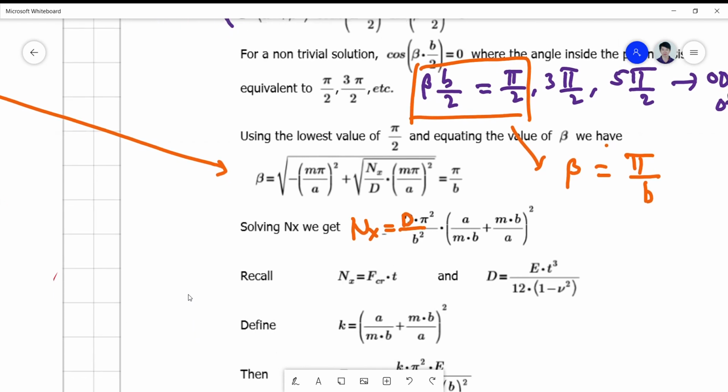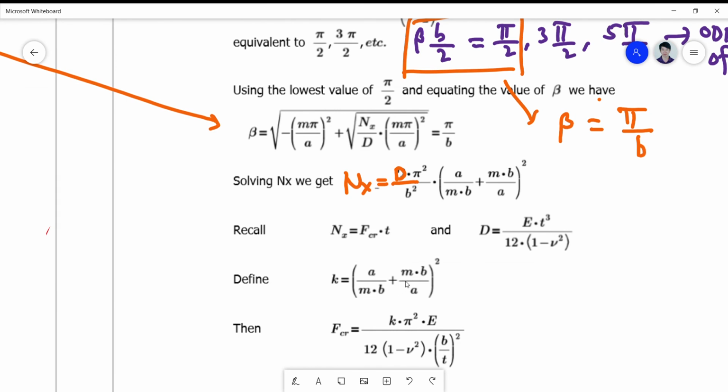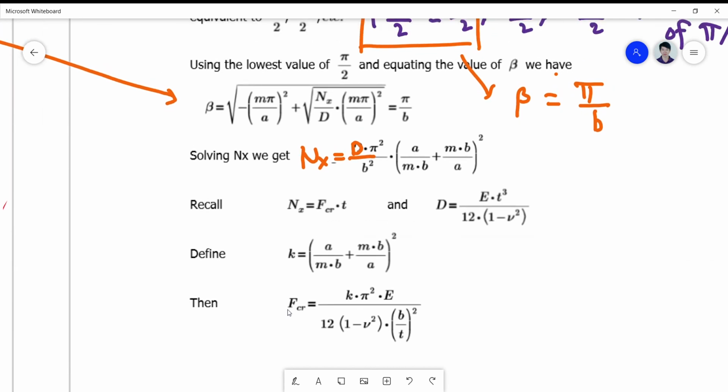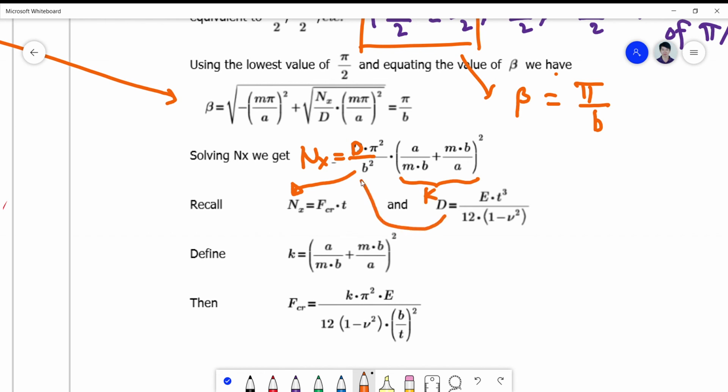And if we define this k to be a over mb plus mb over a quantity squared, then your FCR now will simply be equivalent to k pi squared E divided by this one here. So it's just a way of substituting your nx here, putting this as your k value and putting D there, and solving for FCR.